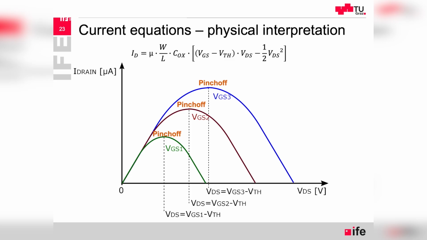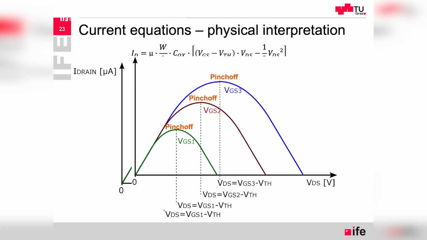We know that in reality, once we reach the pinch-off point, so the moment where close to the drain the inversion charge just starts disappearing, and we keep increasing the drain to source voltage, then the current remains constant. So it looks like that. And we have those two characteristic regions, linear and saturation.